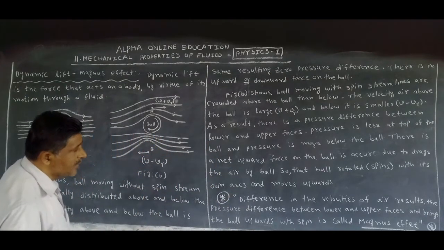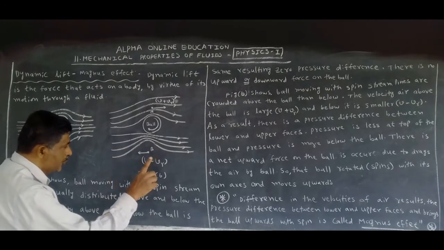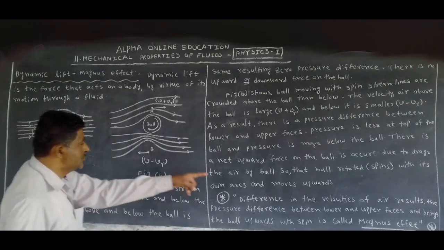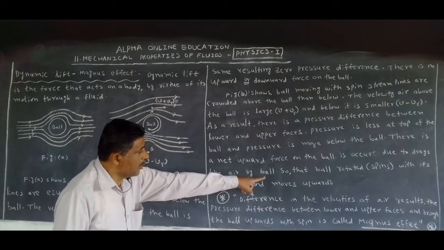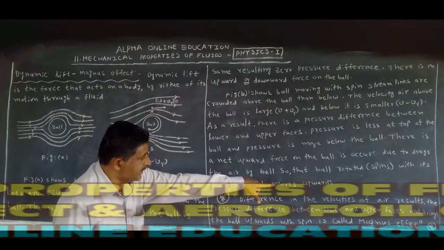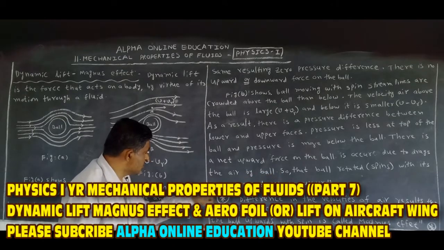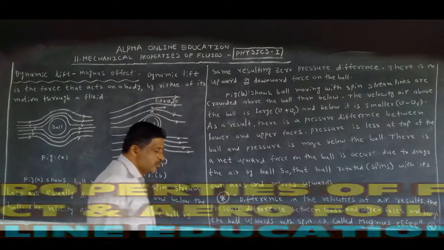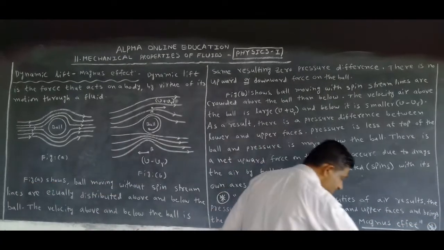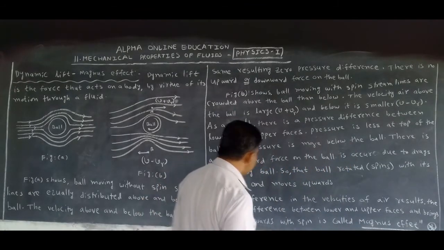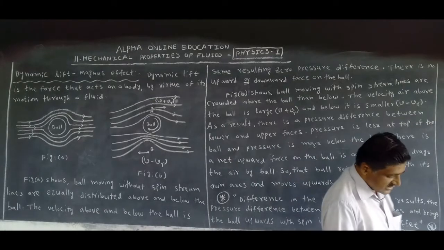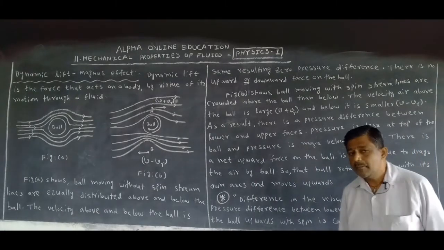Why does it happen? It occurs due to the air being dragged by the ball, so that the ball rotates, means spins about its own axis, and moves upwards. This is dynamic lift, also called the Magnus effect.